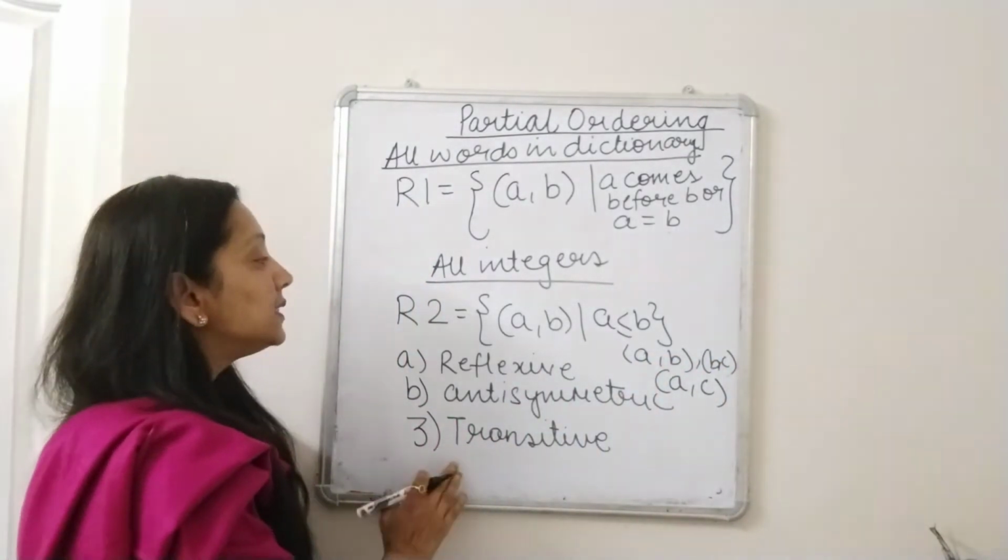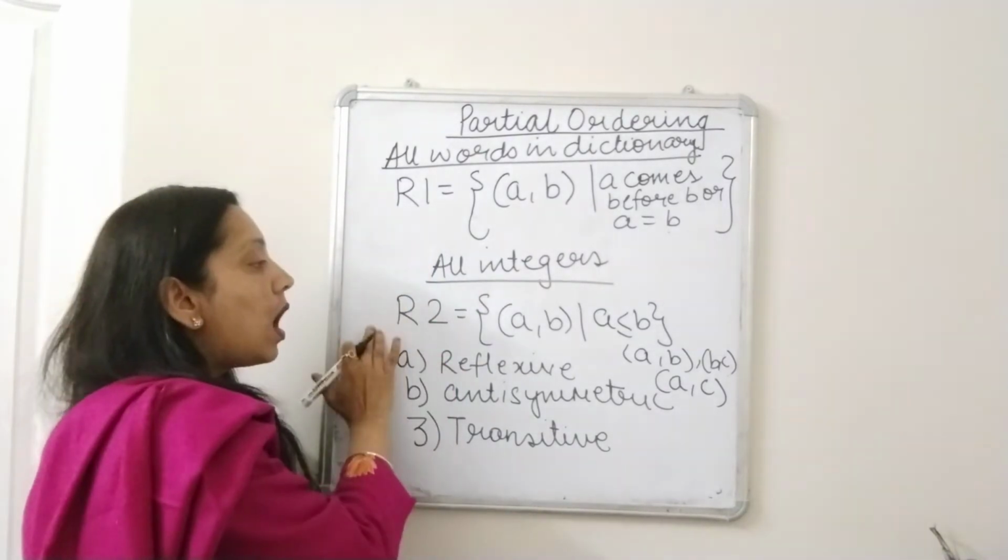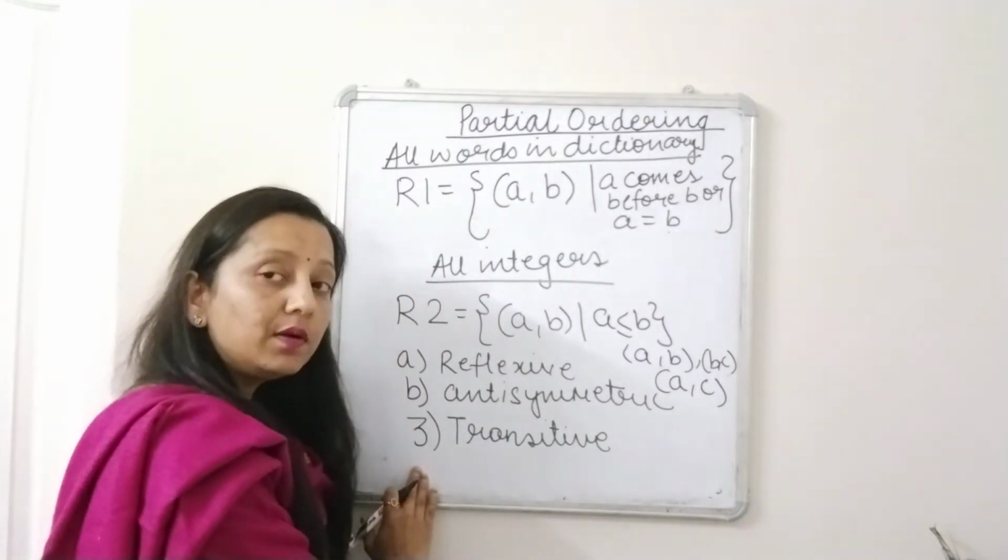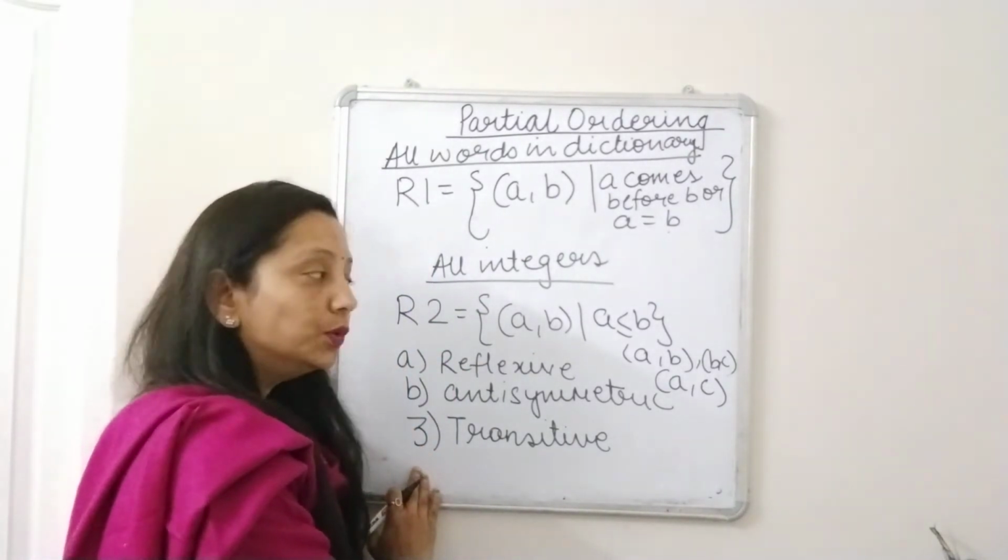So hence I can say that the relations R1 and R2 are transitive also.